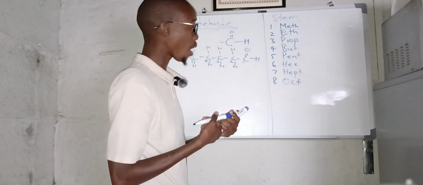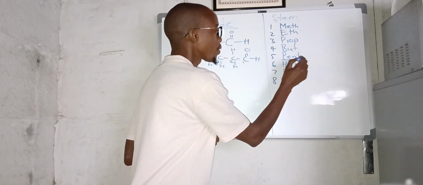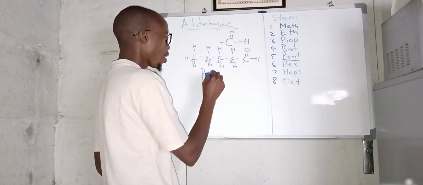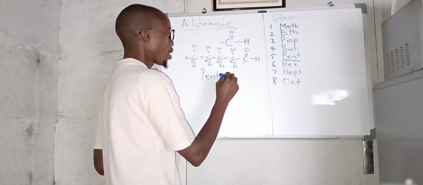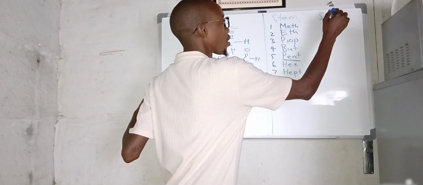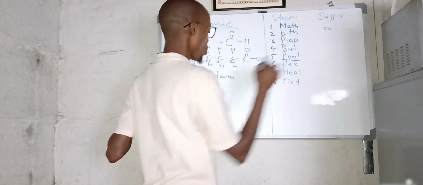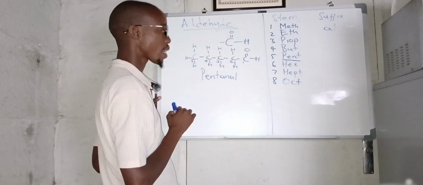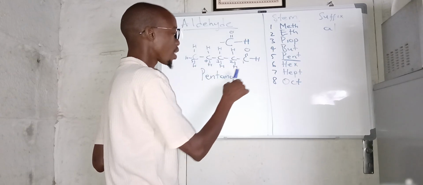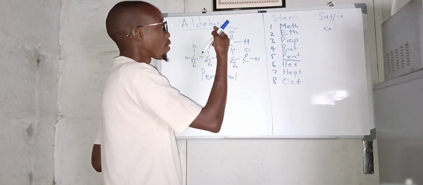We find that the longest carbon chain is 5, so our stem is pent. We'll be saying pentan. And the suffix of aldehyde is al. So the name of this compound is going to be pentanal. Why pentanal? Pentan meaning 5 carbons, and then al meaning it is the suffix of an aldehyde.